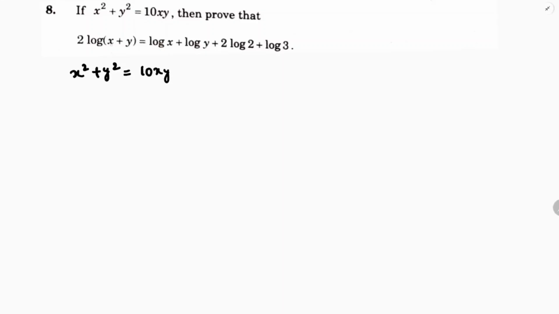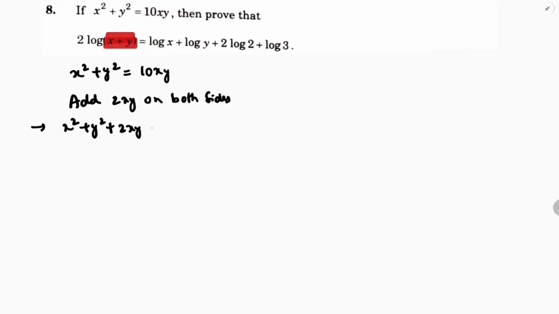Here it is clearly a plus b. So what you should do is add 2xy on both sides. So you'll get x square plus y square plus 2xy equals 10xy plus 2xy.